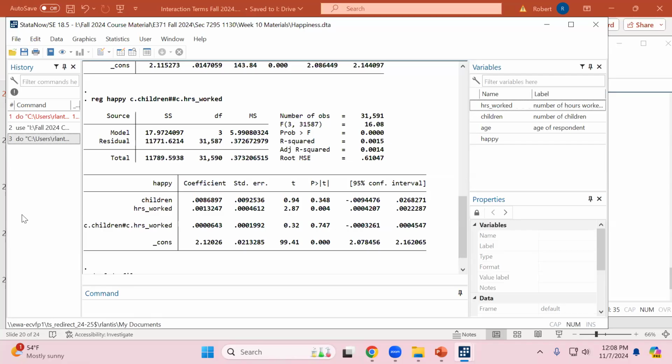But just know that the omitted variable bias can cause us to see that the interaction terms may look like there is no effect, the coefficient looks like it's 0 on the interaction term, when in fact it could be much larger or much smaller, right? It could be a much larger negative value, right? Because we still have that omitted variable bias that could exist, even for interaction terms. Okay. Any questions on this?